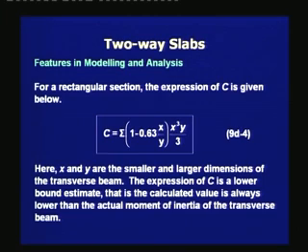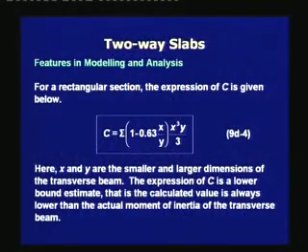For a rectangular section, the expression of C is given below. Note that C is a quantity which is analogous to the polar moment of inertia for a circular section. For a rectangular section, such a quantity is difficult to define exactly, so an approximate expression is given as follows: C is equal to the summation of within bracket 1 minus 0.63 times x divided by y, times x cube times y divided by 3.